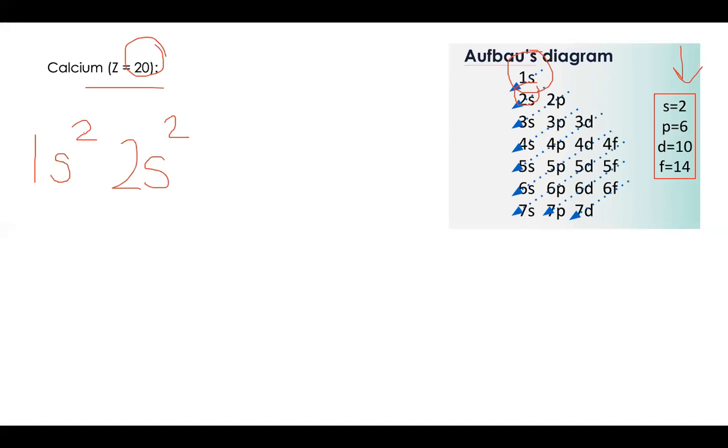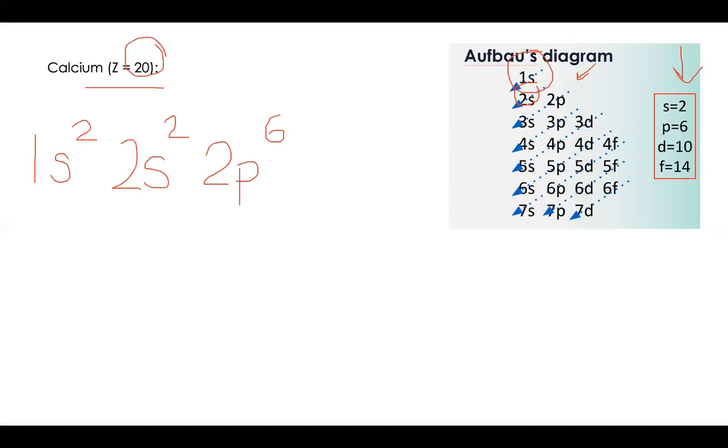So I will be moving to the next level of energy, which is going to be 2p. And now p can hold a maximum of 6 electrons. Why am I writing 6 and not 5? Because before switching to another energy level, I first have to complete the previous sublevel of energy.